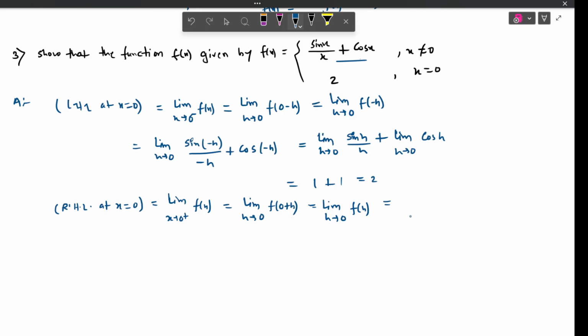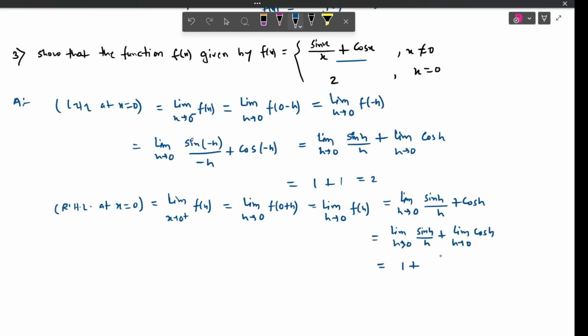Now you have to take the same function again, limit h tends to 0 of sin h by h plus cos h. Here again, same concept: you have to break the function, limit h tends to 0 of sin h by h plus limit h tends to 0 of cos h.